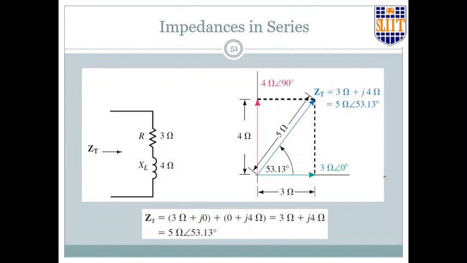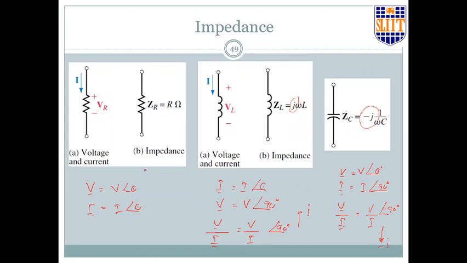Now an example, impedances in series. So you have a resistor and a reactance in here, an inductive reactance. So a resistor is actually 3 plus j0, and this is 0 plus j4, because this is an inductance. As you saw here, it is plus j, right?